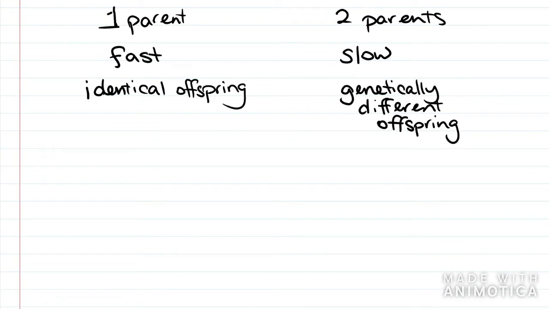Okay, so now that we've gone into that, let's go into the types of asexual reproduction. There are 5 that we're going to be looking at.